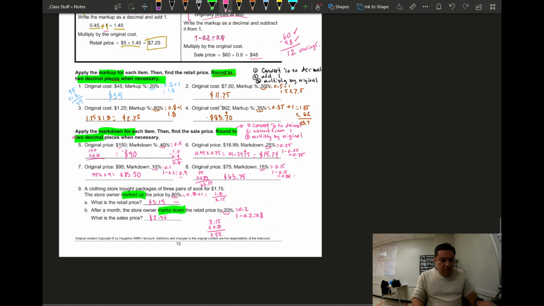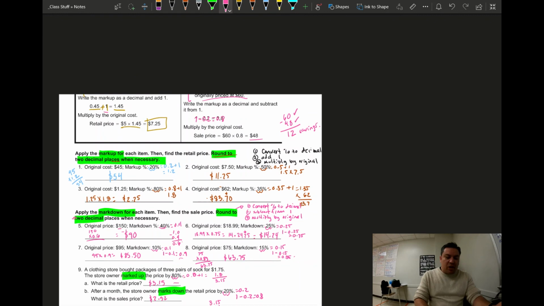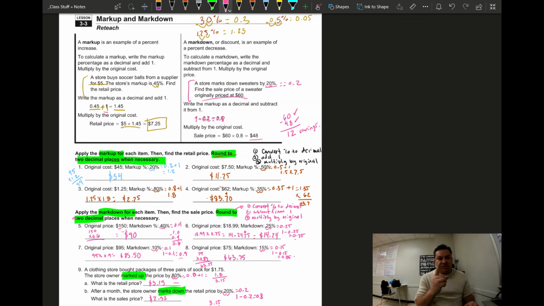So that is markup or markdown. Again, for markup, 3 steps. Convert to decimal. Add 1 to that decimal. Step 3, multiply by the original price. That's markup. Oh, by the way, on markup, you have to expect the price to go up.